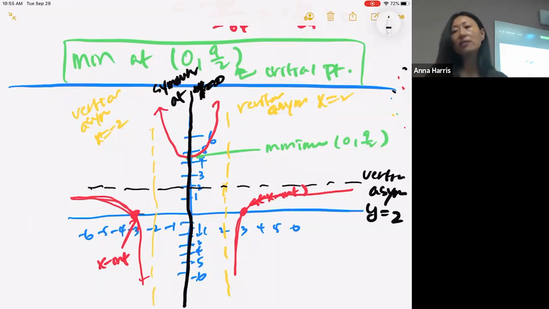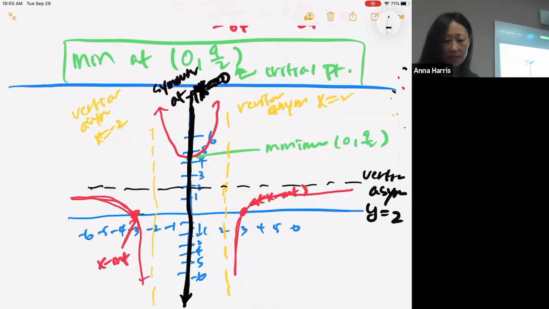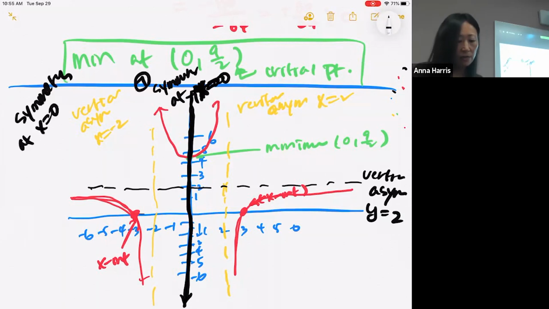Symmetry at x equal to 0. That's your symmetry. Just think about it. If I draw this line here and you fold it, they're exactly the same, isn't it? So there's symmetry at x equal to 0. Okay, so yes, number 7 is symmetry at x equal to 0.